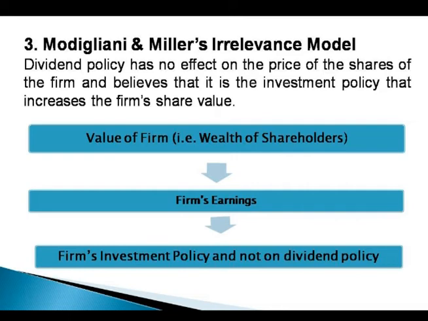Why? Because the value of a share, that is the value to the shareholder, depends on the firm's earning, and the firm's earning depends on the firm's investment policy, not on dividend policy.